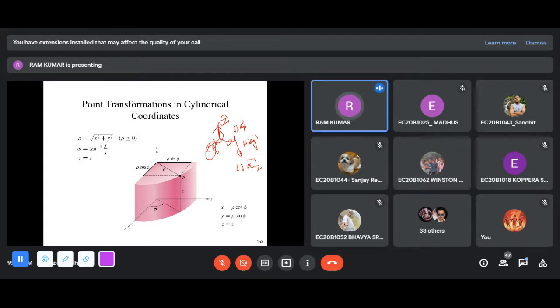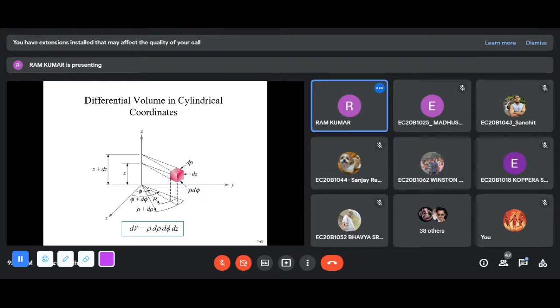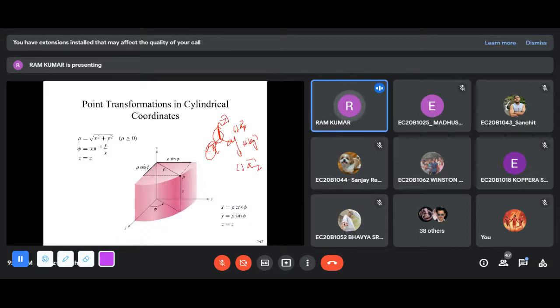Similarly, when you go with the cylindrical coordinate system, suppose you consider a cylindrical coordinate system and you have some charge over here.